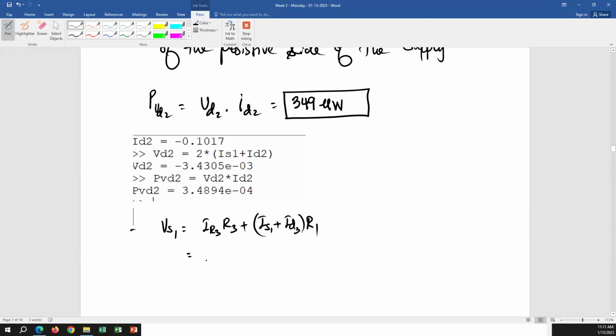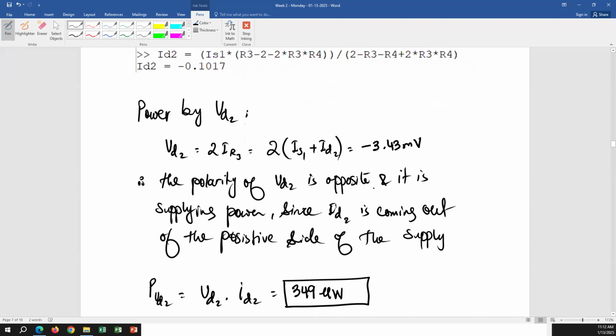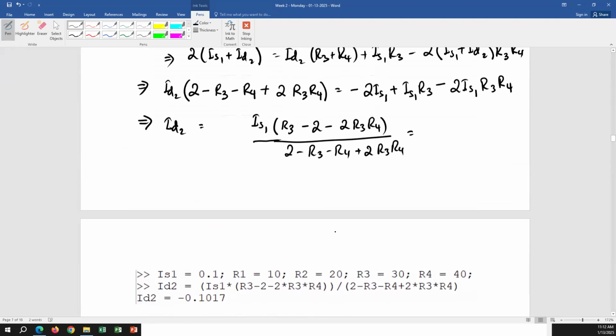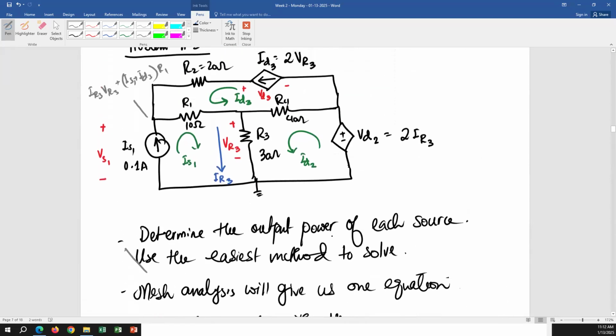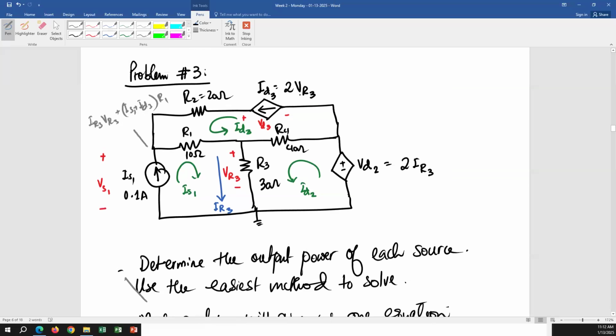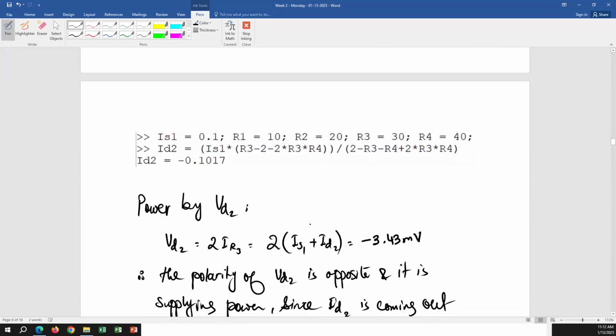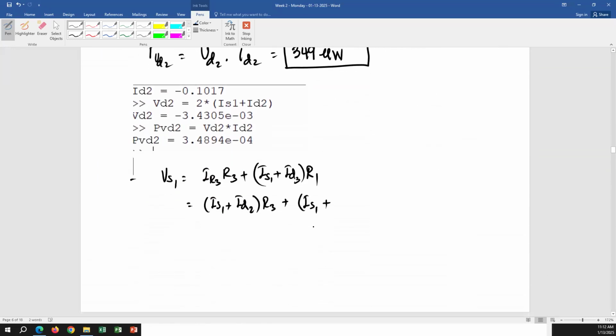IR3, of course, is IS1 plus ID2 times R3, plus IS1 plus ID3 times R1. What is ID3? ID3 is 2 times VR3, and VR3 is 2 times IS1 plus ID2 times R3. So the same thing as what we have over here, IR3.